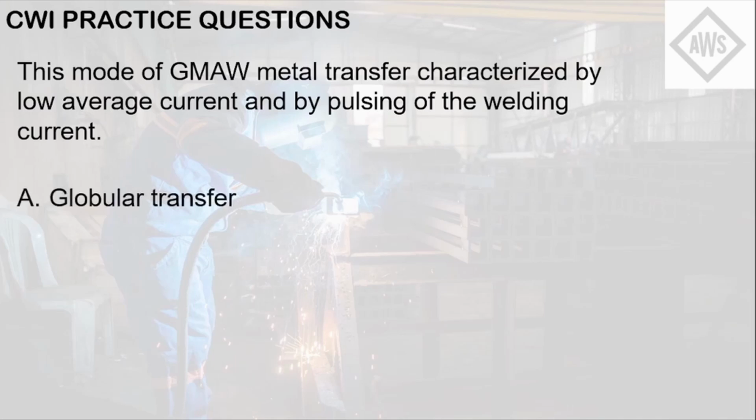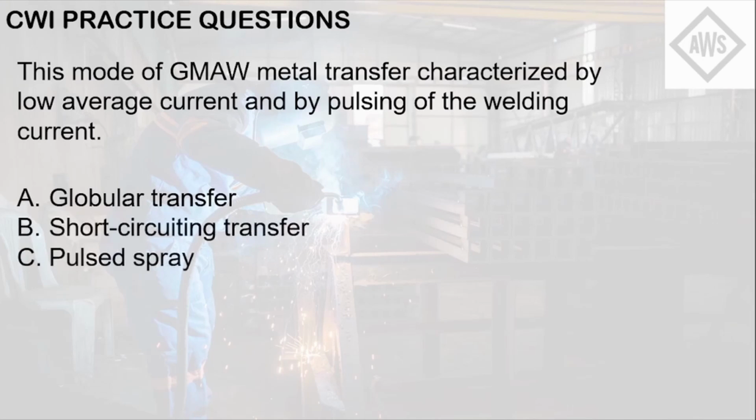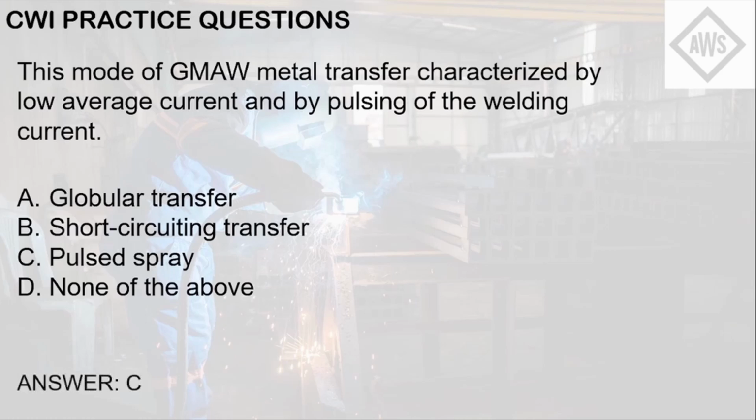Letter A, globular transfer. Letter B, short circuiting transfer. Letter C, pulse spray. Letter D, none of the above. From the question itself, it indicates pulsing and low average current, so the answer here is fairly obvious, pulse spray. Letter C.